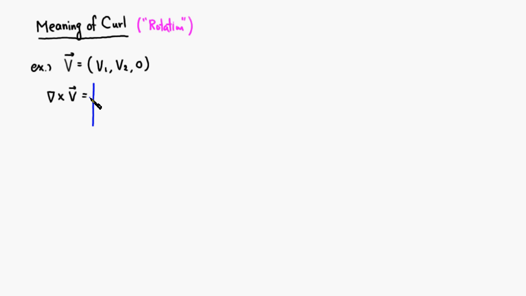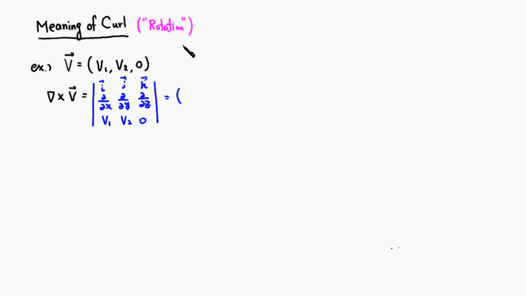So it's a cross product. I, J, K, partial with respect to x, partial with respect to y, partial with respect to z, and v1, v2, 0. The first component will be 0 minus, there's no x component, just a partial with respect to z.